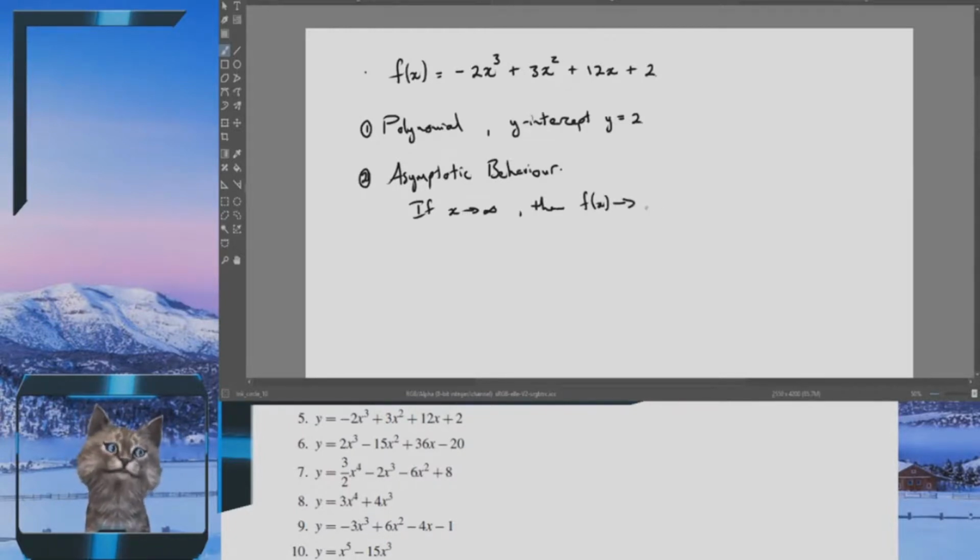For that, because it's a polynomial, I look at the leading term. Long term, the function is going to behave like its leading term. And because x gets really big positive, x cubed gets really big positive, negative 2 times x cubed will therefore get really big negative. I like to say it like that.